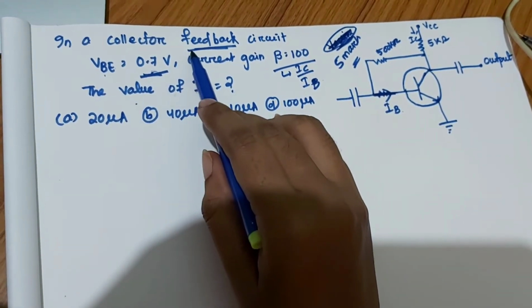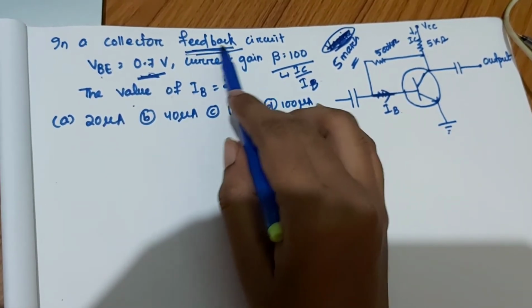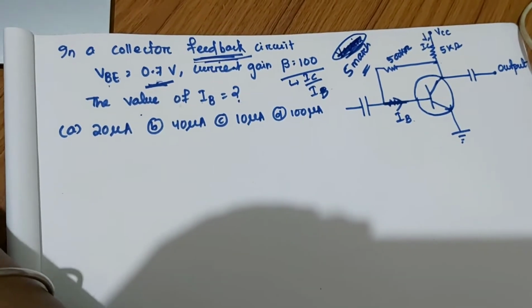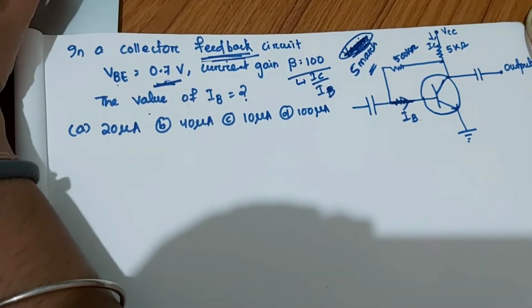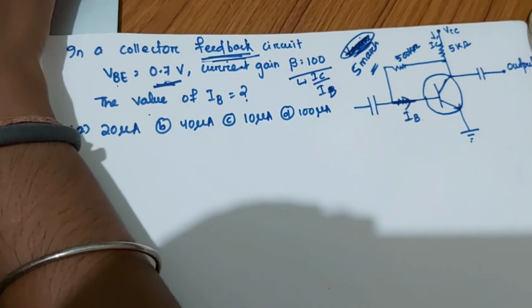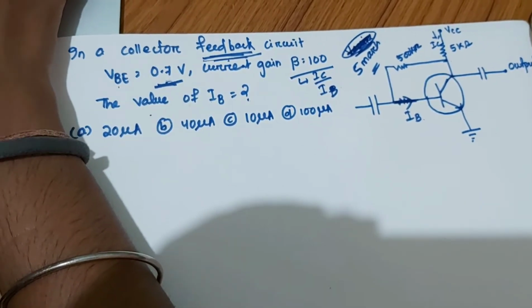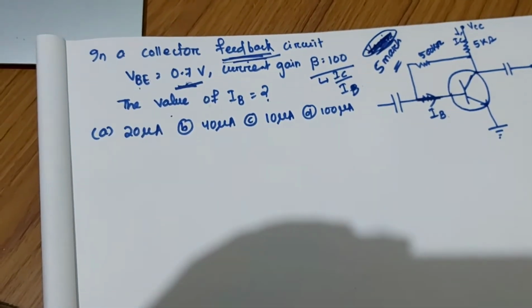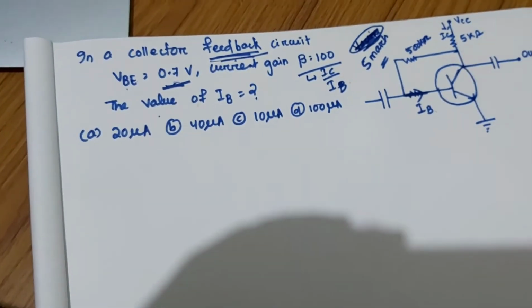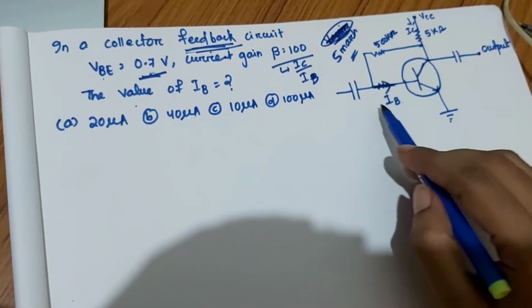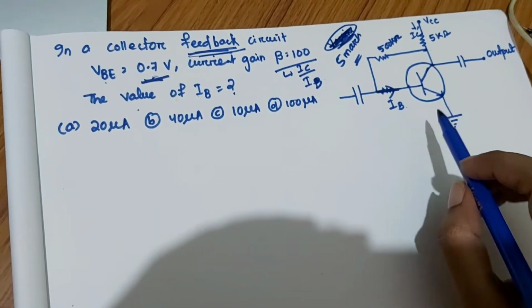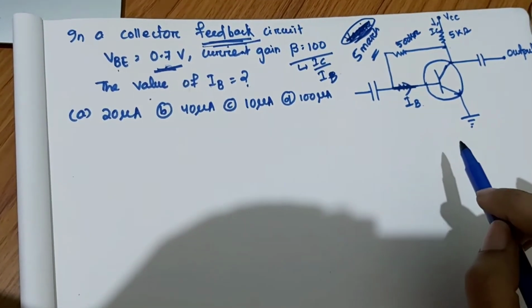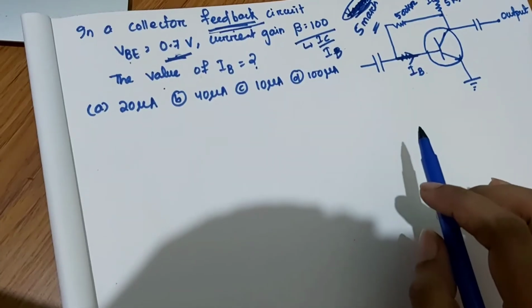The transistor is a device which can act as an amplifier. We use the transistor for amplification, and it can also act as a switch.